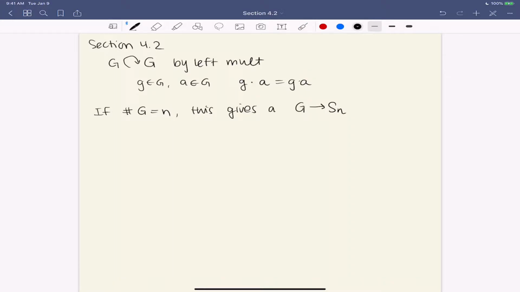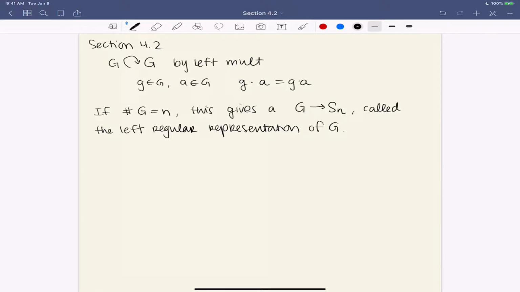And we remember that this particular permutation representation is actually called the left regular representation of G. Okay, just repeating the vocab so that it sticks.